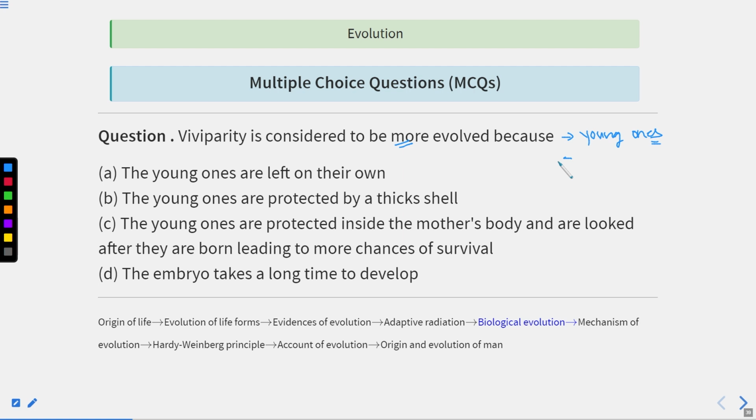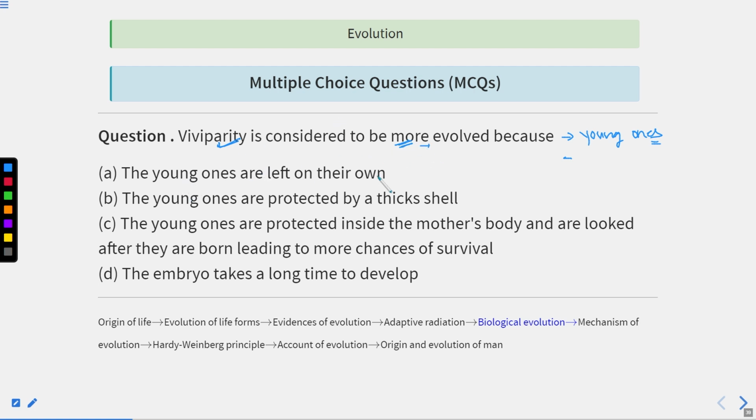The chance of survival is more because care is taken of the young one. Whereas in oviparous organisms, the organisms which lay eggs, there are a lot of predators which eat those eggs, so the chance of survival is very less. So in vivipary, the chance of survival is more as the development is inside the female body and care is taken of the young ones from the predators.